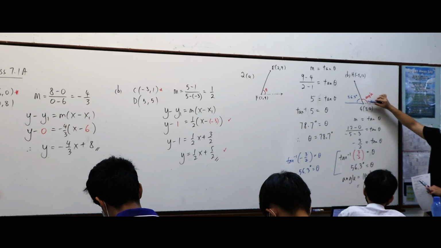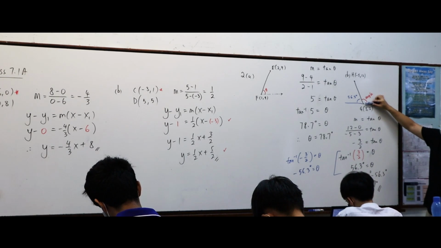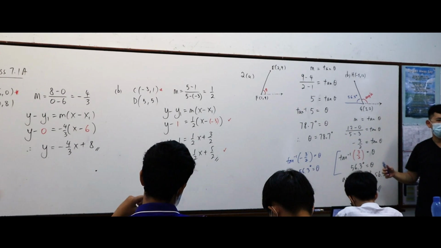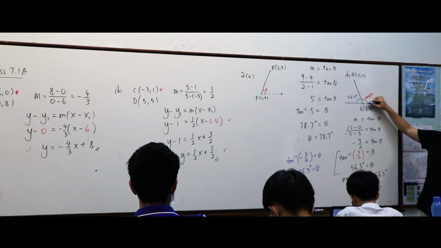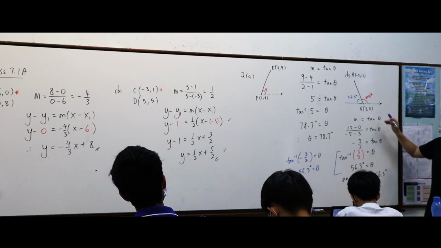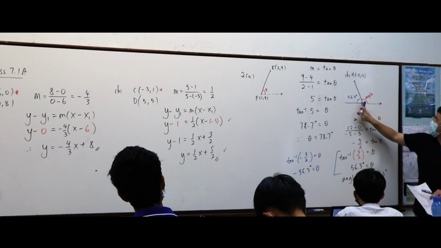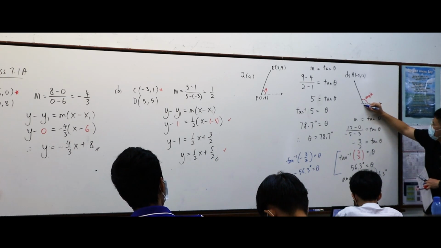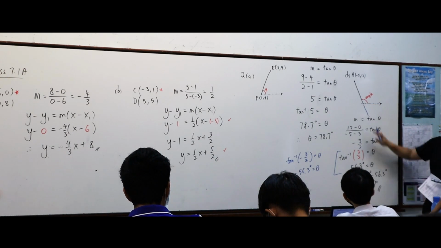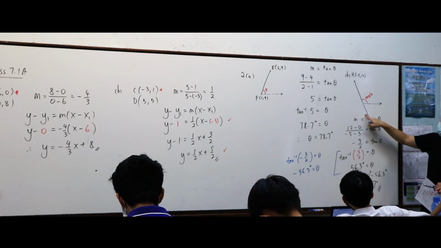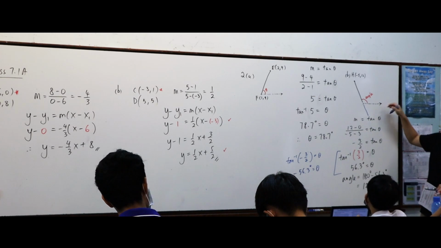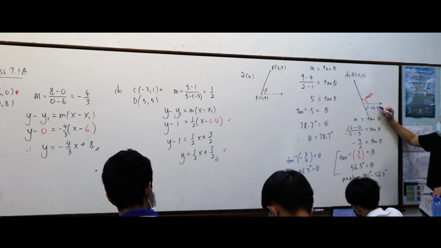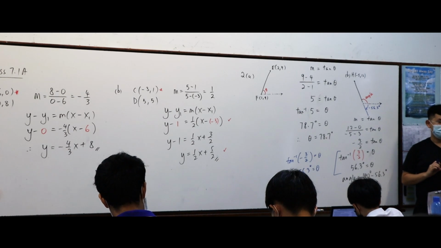So with reference to this line over here, if the anti-clockwise is going to be positive, the negative is going to be the opposite direction, the clockwise direction. So technically speaking, the negative 56.3 degrees is actually over here. If you extend your straight line, the angle that this line makes with this x-axis is going to be a negative 56.3 degrees, in this direction.